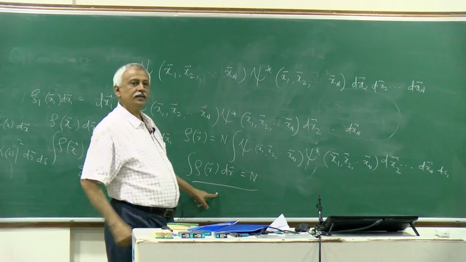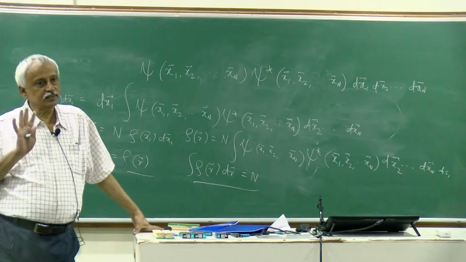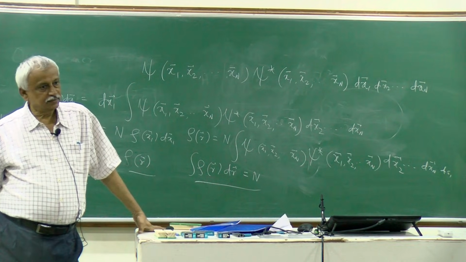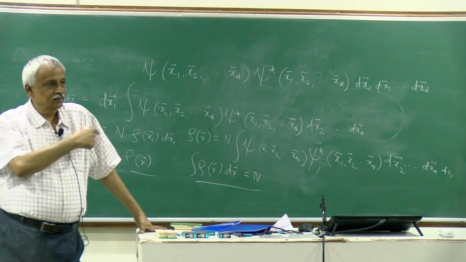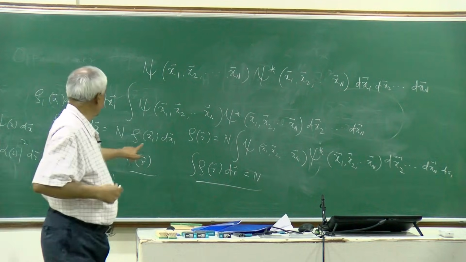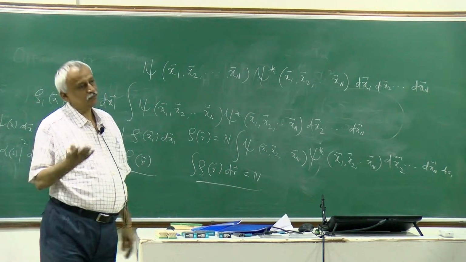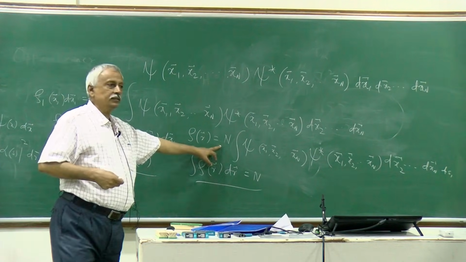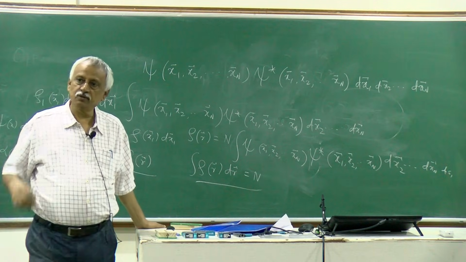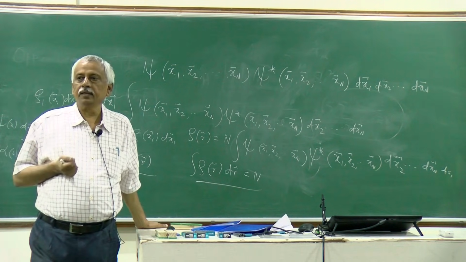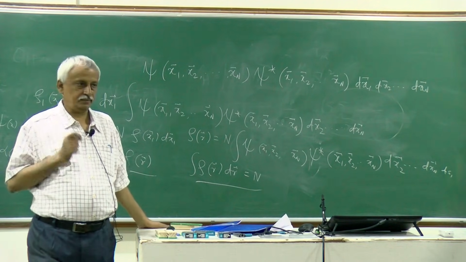This is what is called normalization constant. Remember, Manoj wrote this. Rho r dr integration is n. Okay. Do you follow? So, out of this dx or dx1, first I have taken integration over ds1, and then if I do it with dr, only everything will be 1 because wave function is normalized. Okay. So, your rho r dr integral becomes n. And this is what we call normalization condition of the density.